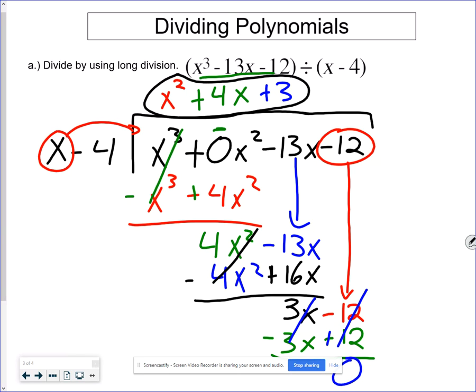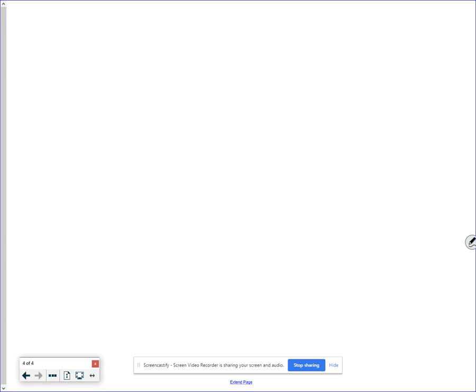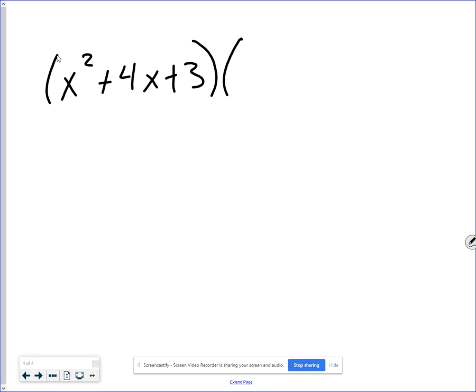But what if we're not convinced that this is our answer? What if we think we made some sort of mistake while doing long division? Well, we can always check our work by taking our answer, x squared plus 4x plus 3, and multiplying it by what we divided our polynomial by, so x minus 4.